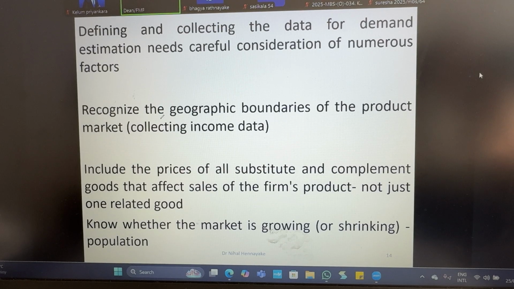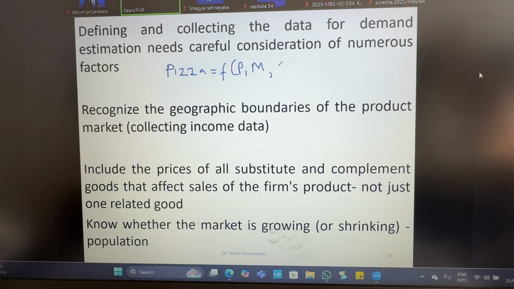So I will discuss one example here, estimation of the demand equation for pizza. Pizza demand is a function of what factors? Of course, pizza price, then people's income.